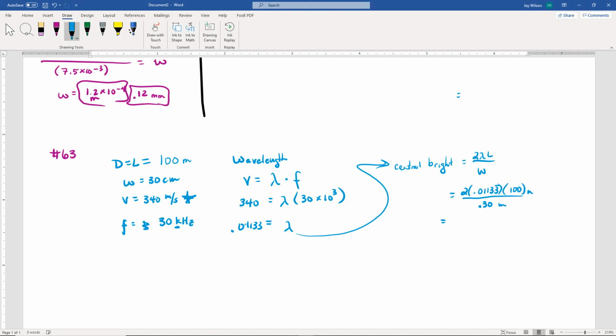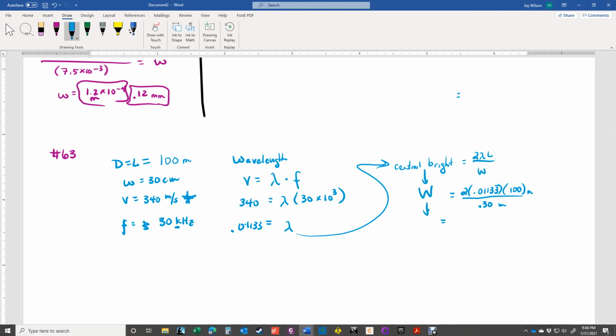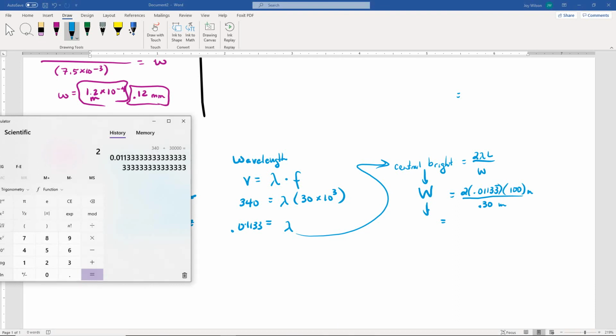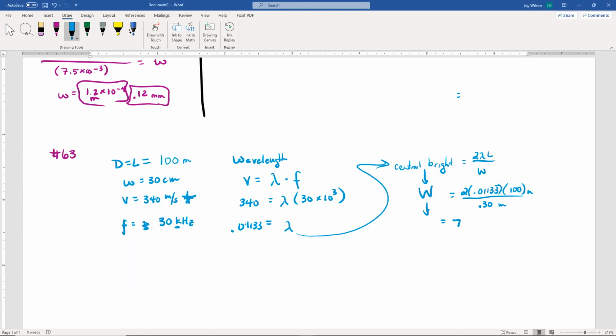So the central bright width is 2 times 0.011333 times 100 divided by 0.30, which is 7.6 meters.